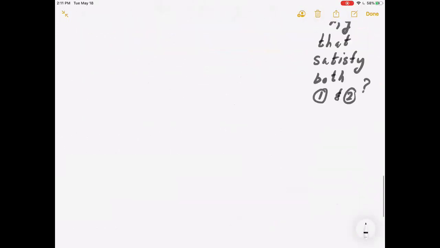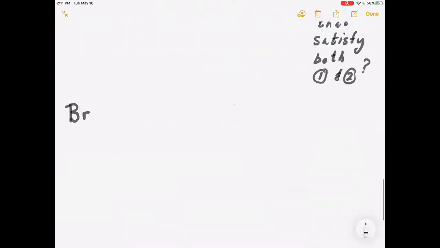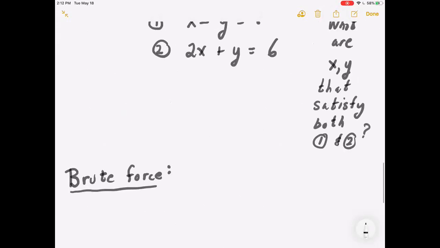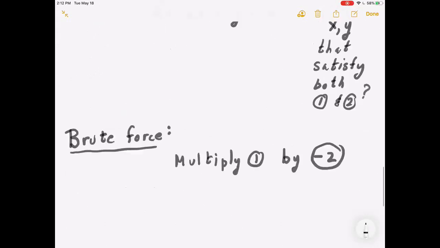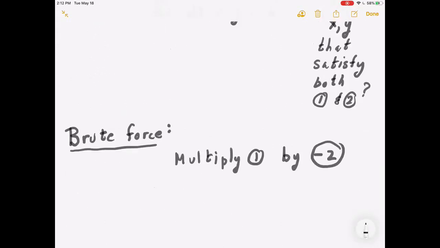Okay, so this is a problem you've seen before in your careers, primarily high school or earlier. And you could solve this problem by brute force. Namely, you could take equation 1 and you can multiply it by -2. And why we're doing this, we'll see in a minute. And then add the result to equation 2.